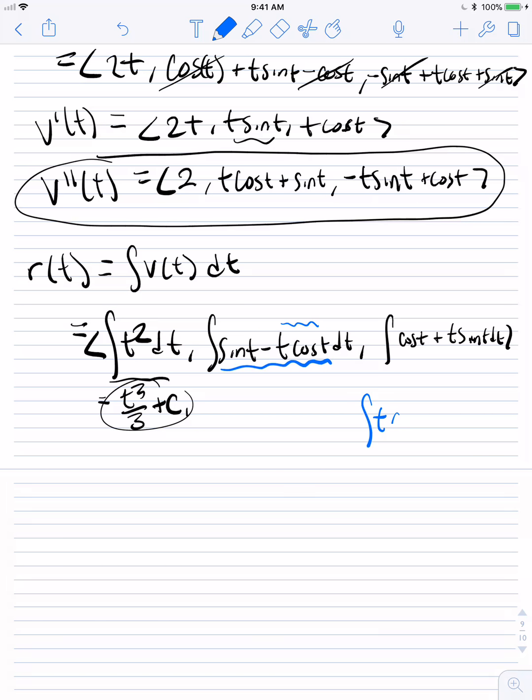So if I do this on the side, t cosine t dt, because we're going to eventually need that, we can use integration by parts, setting u equal to t, and dv equal to cosine t dt. du would be equal to dt, and v would be equal to sine t.